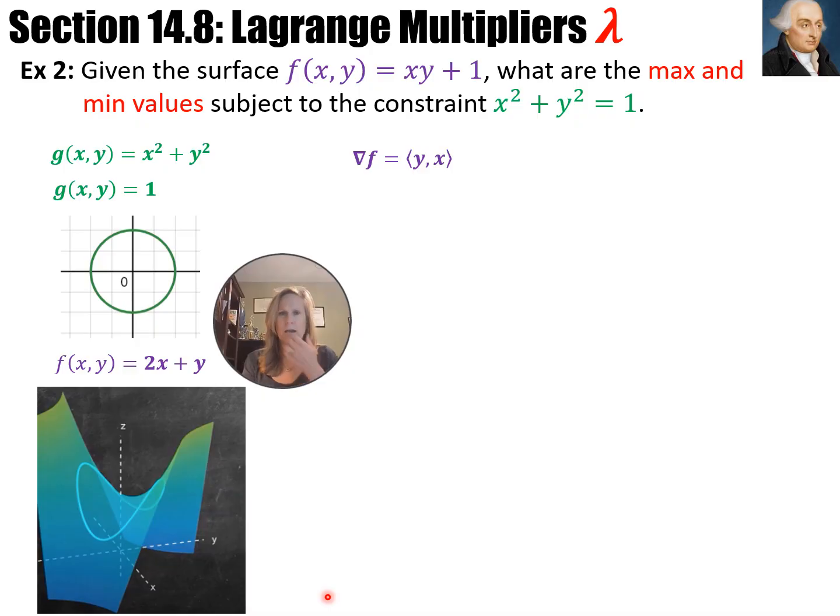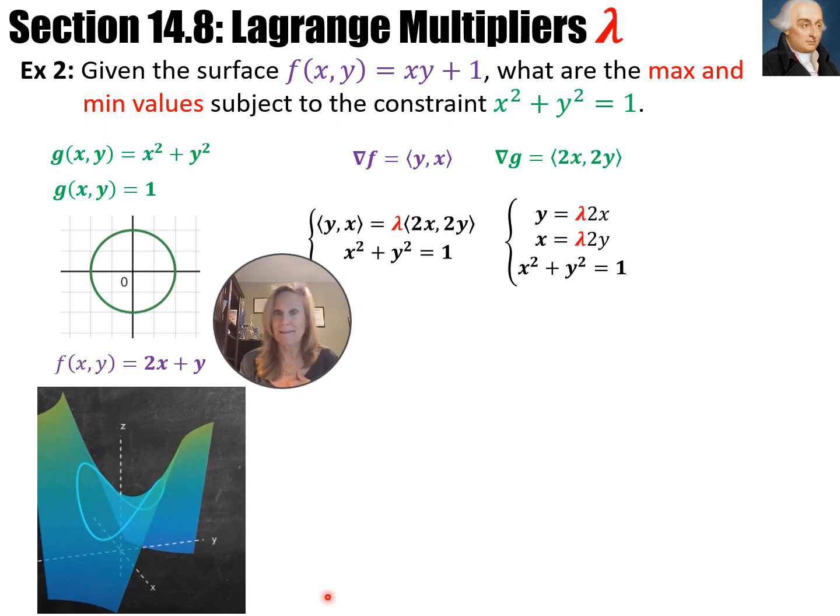So I took the grad of f and I got y, x. Again, the grad g is just 2x, 2y. I'm going to solve this system, but I think I'll probably just write it like that first. And since I already showed you solving for x and solving for y, I'm going to do something slightly different this time.